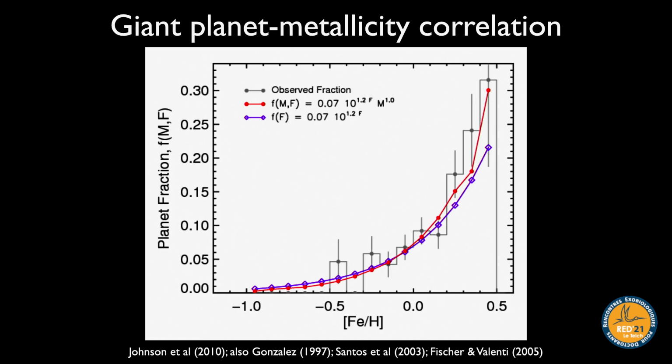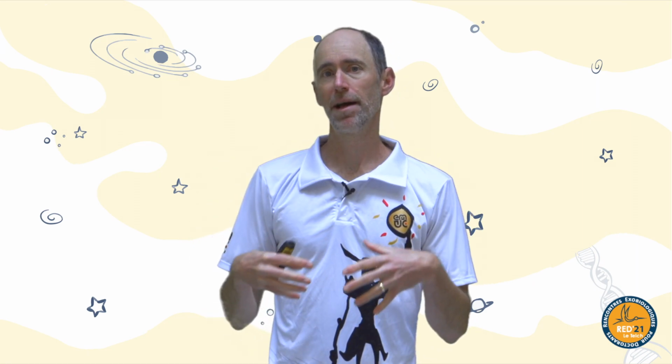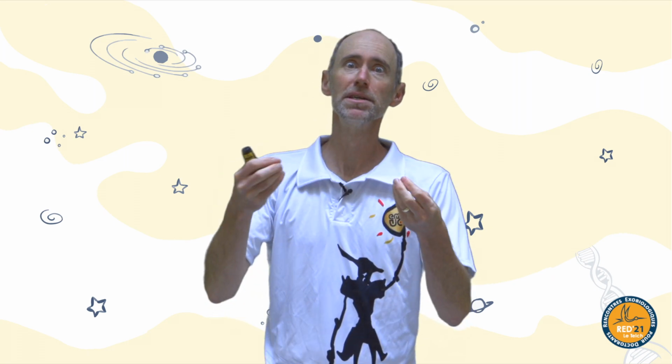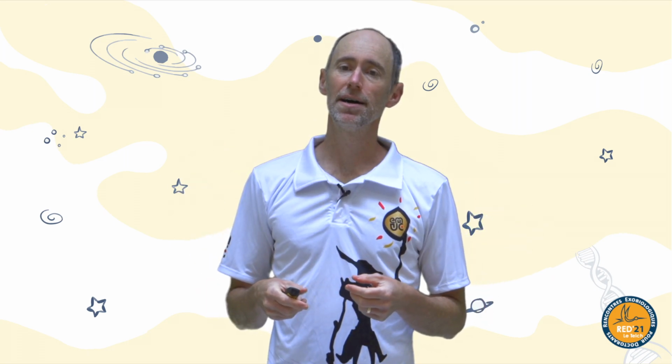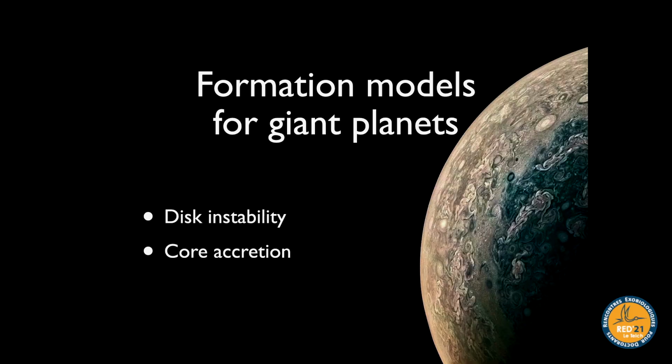Basically, the x-axis is the metallicity, calibrated to iron, of given stars, and you can see that the fraction of stars that have giant planets increases as a strong function of the metallicity. And so something about having a lot more metals, maybe more of the material to build planetesimals, for example, helps to form giant planets.